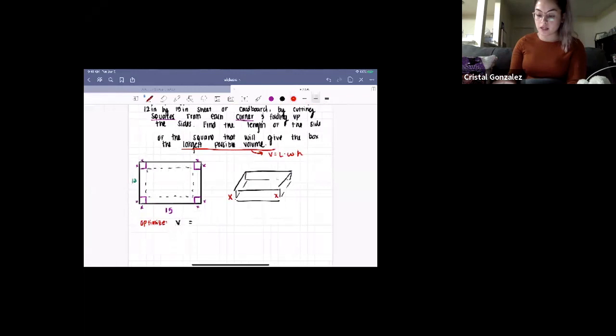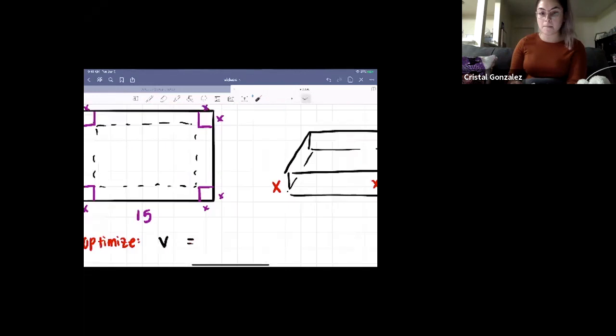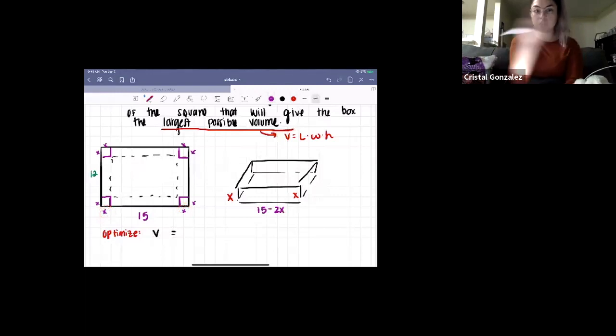If I'm cutting my length here, and I'm cutting x by x squares, then my length here becomes 15 minus however much I cut of this square x. So my length here is going to be now 15 minus 2 times x, because I'm cutting each of those pieces of x off. I don't know how big of an x I'm cutting off, but that's how much I'm cutting off. And now for my length, the same thing.